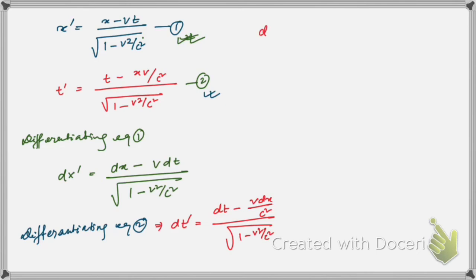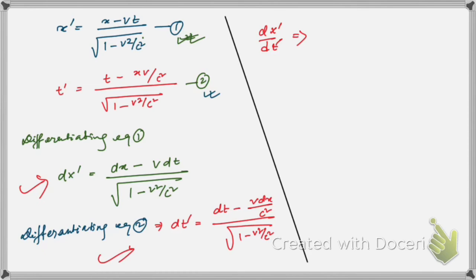Now let's find dx dash by dt dash, right? That means divide this one by this. Then the denominators will be cancelled, this denominator with this one, and we will get dx minus v dt divided by dt minus v dx by c square.